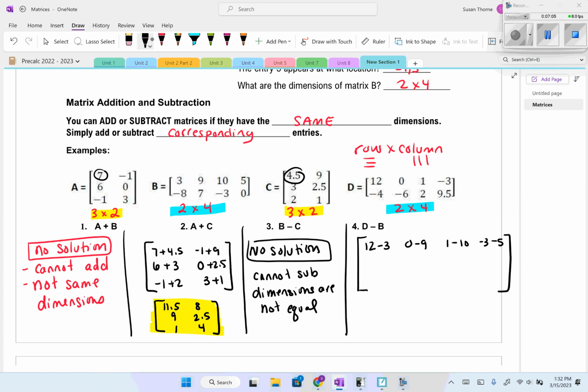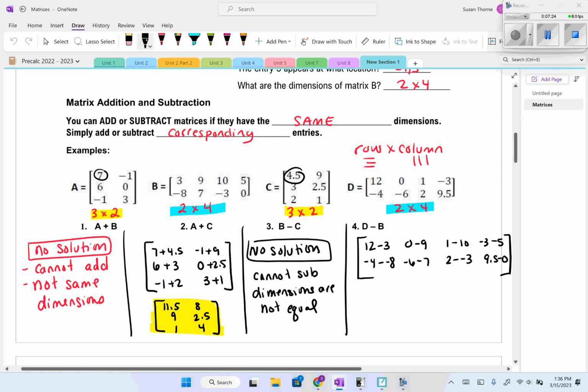And then the second row would be negative 4 minus negative 8, negative 6 minus 7, 2 minus negative 3, and 9.5 minus 0.